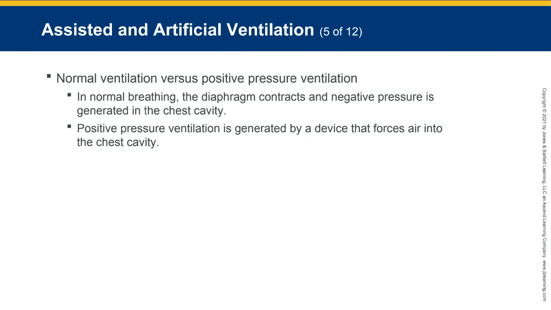Because we're going against the normal physiology of breathing, it cannot be at the rate that person would breathe. It has to be slow and it cannot be forceful, and the airway must be properly positioned. This will reduce the incidence of air getting into the stomach, leading to gastric distension and putting the patient at risk for aspiration.